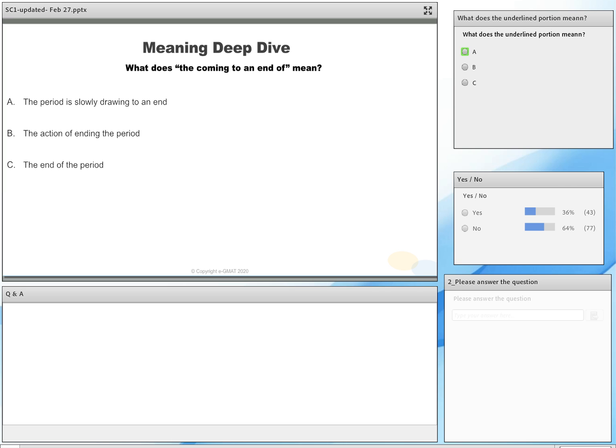Really think about this underlined portion. What does the coming to an end of mean? Okay, I'm closing this poll in 3, 2, 1. Lock in any final answers.